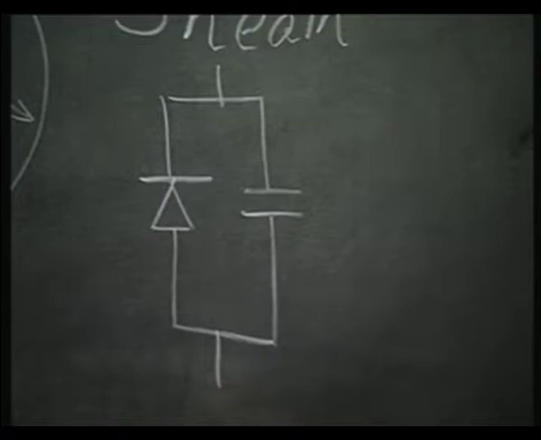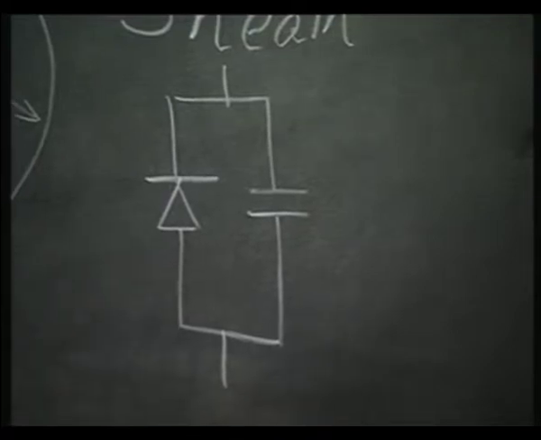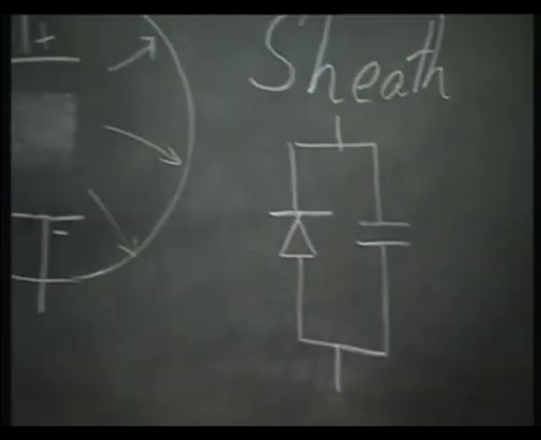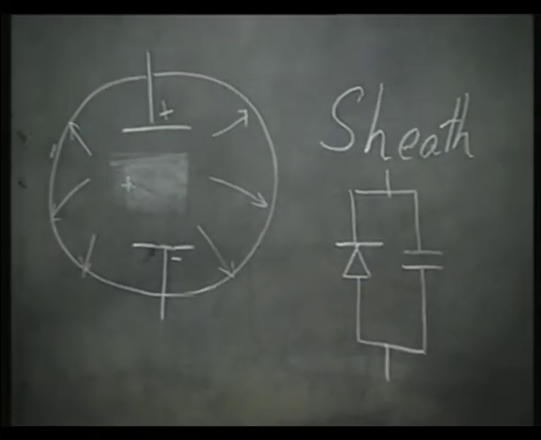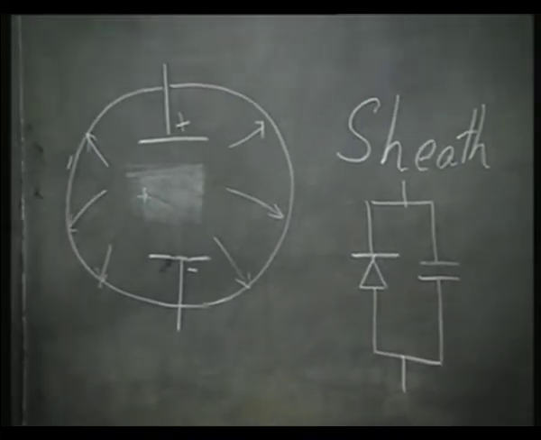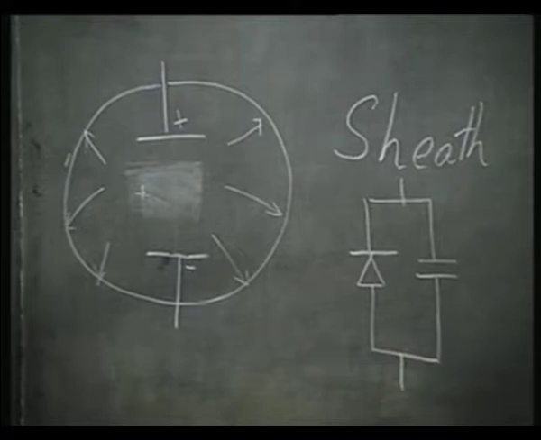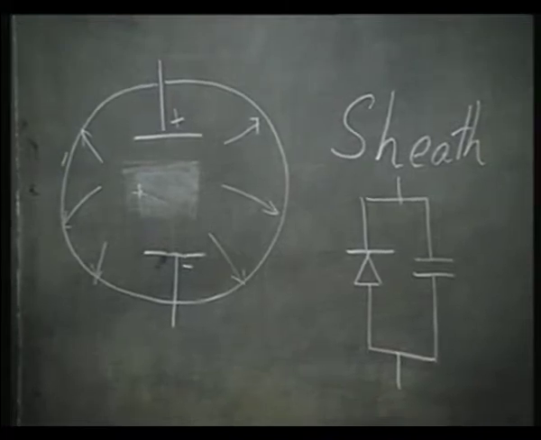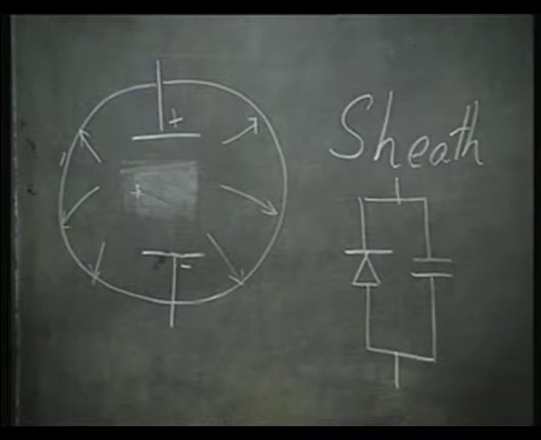This is the situation towards any electrode during the positive half cycle, that is, when the electrode is momentarily positive, I have flow of electrons, right.